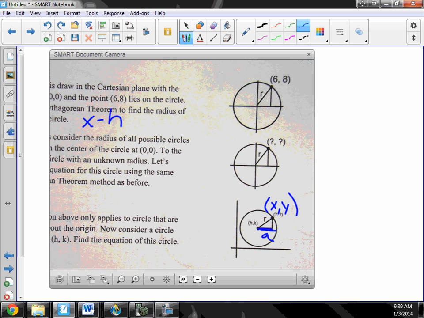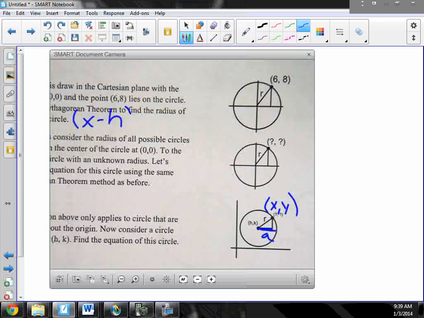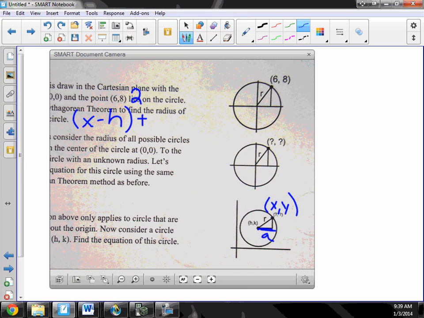Now what do we do? Square it. I'm going to add that to y minus k. Does it matter if it's y minus k or k minus y? Well, not really, unless you label the other one that way.